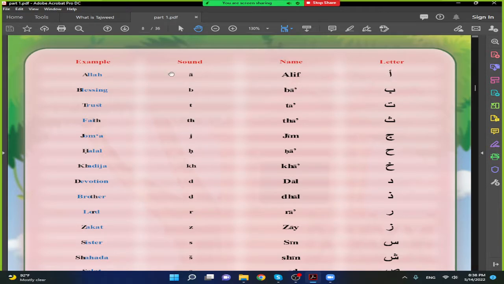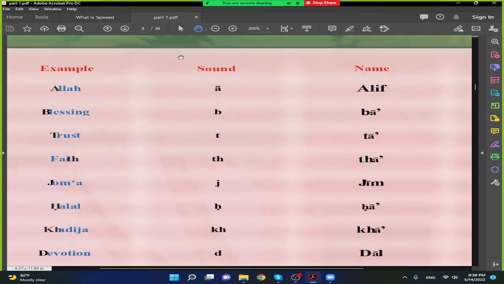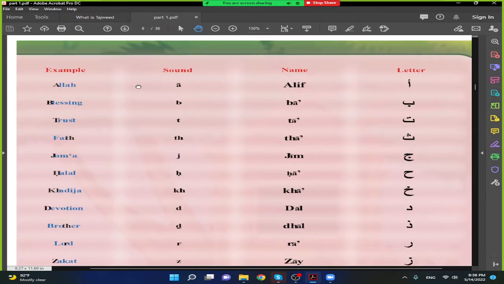Alif. A, like in the word Allah. Look at that, Allah starts with the A. If I zoom in, do you see this? Yes.